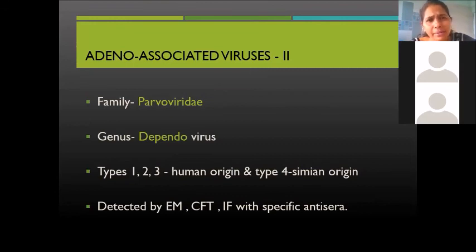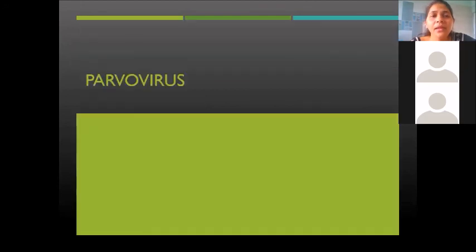These can be detected by electron microscopy, CFT, or immunofluorescence test with specific antisera. But this is a link going from adenovirus to parvovirus. So here we move to parvovirus.